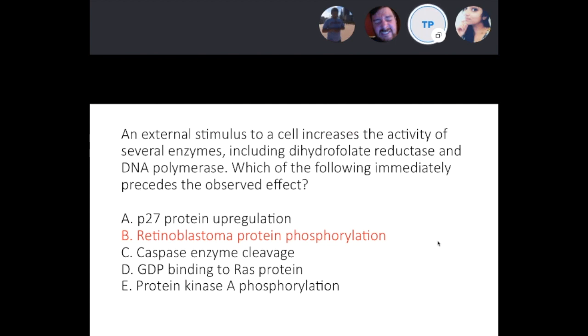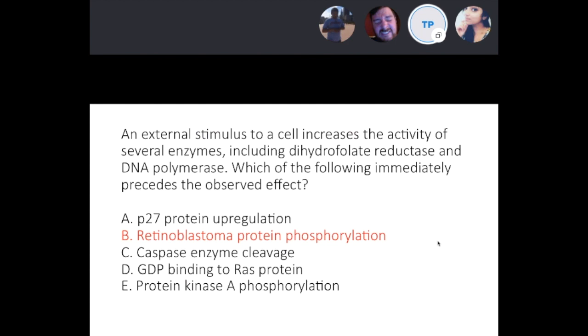And then the hyperphosphorylated RB releases the E2F transcription factor, which allows the cell cycle to progress into the S phase. If it is hypophosphorylated, which is active, it's going to bind to the transcription factor, and this complex inhibits the transcription of genes necessary for the transition into the next phase.